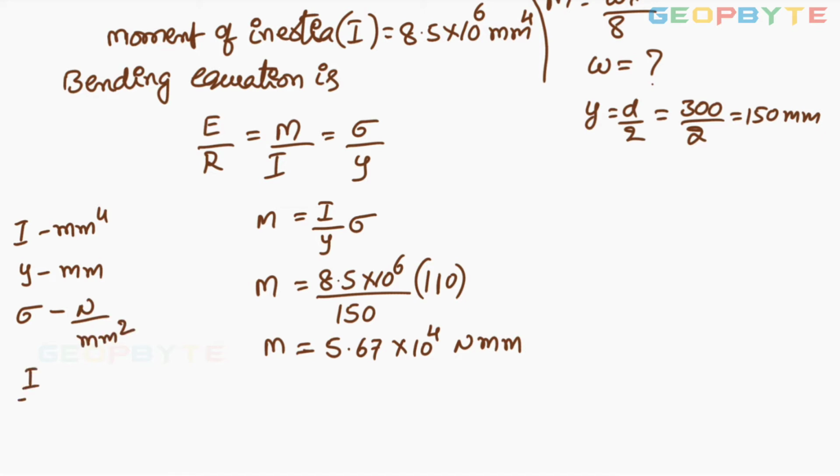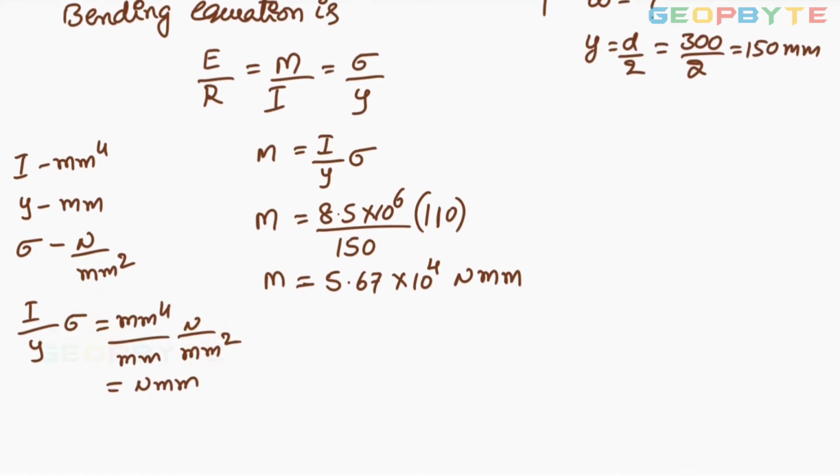Then I by Y into sigma unit: mm power 4 by mm into Newton per mm square. Mm cube cancel, Newton mm. This is absolutely correct. So the resultant unit is Newton mm.